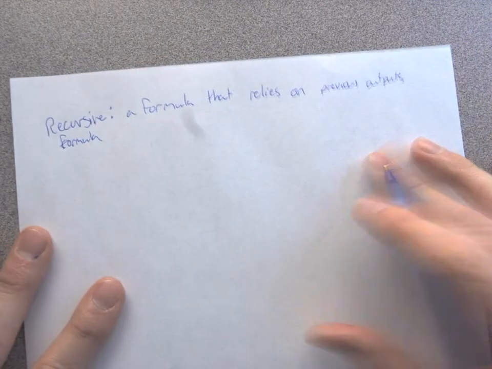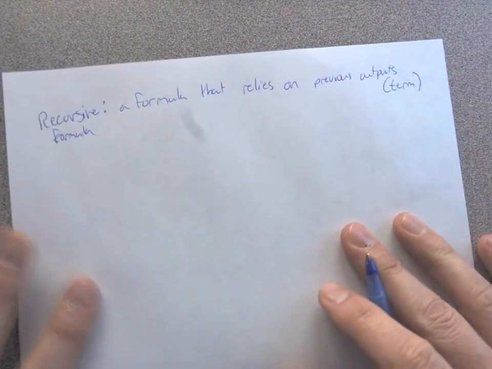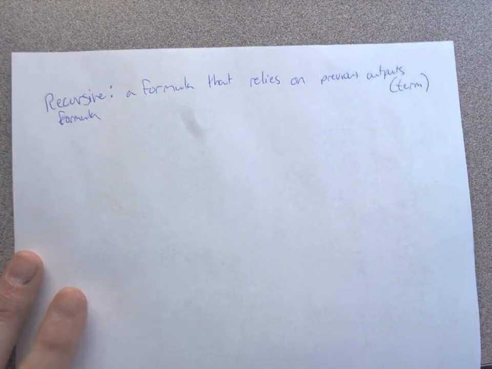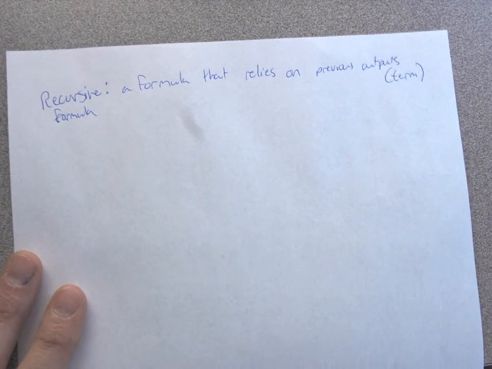Okay, in this case, an output for a sequence would be like a term. So that's a recursive formula. It's kind of hard to see what that looks like, so we're going to compare and contrast one more time and see what a recursive formula looks like.